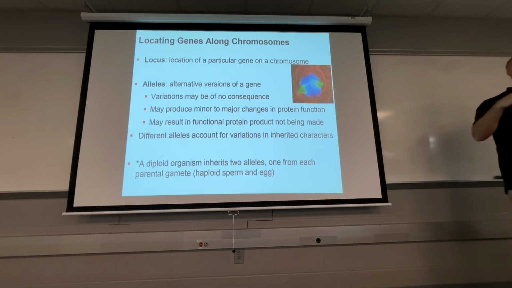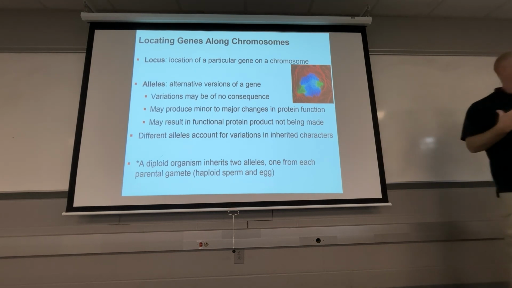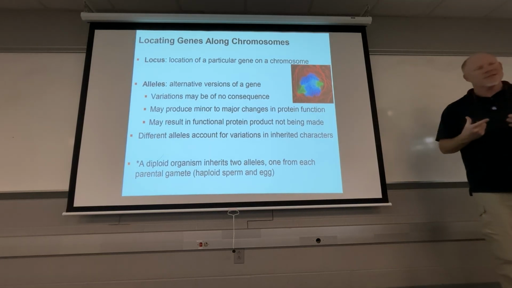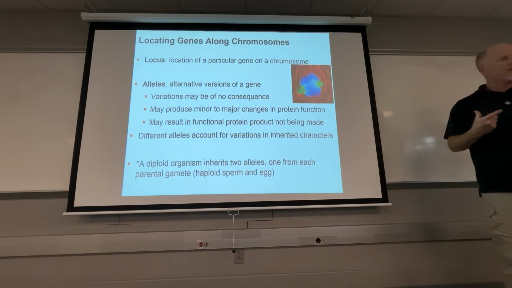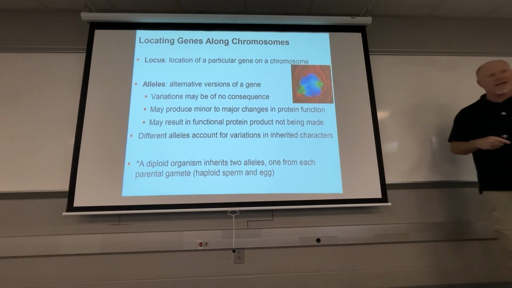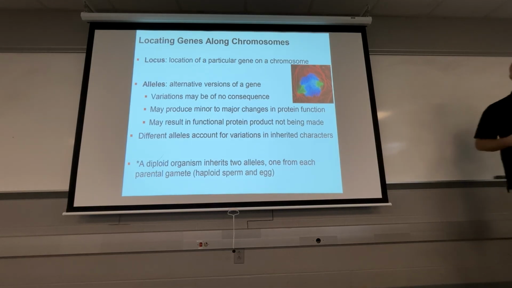We have 46 of them, 23 pairs that can condense down into chromosomes. On those chromosomes are sequences of DNA that code for something. And so they might say the long arm of chromosome 21 at this location is the location for the character we call eye color, for example.